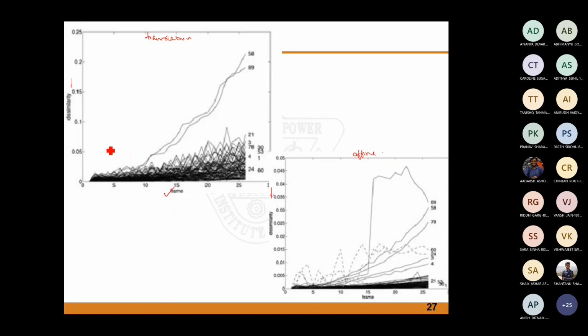But if you take it on the same scale, we'll see that when you also add an affine transformation, it helps with the tracking process as compared to using only the translation operation. Using an affine transformation as a post-processing technique will help to further improve the results, as shown in this graph.